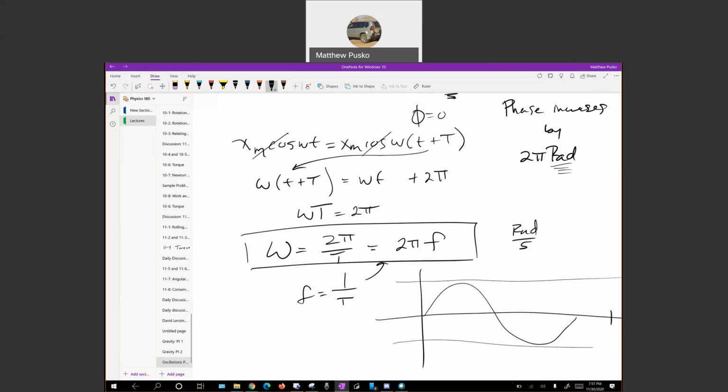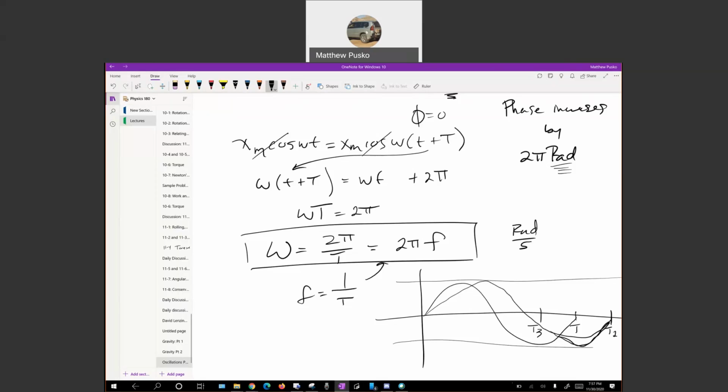If I extended our period out to something like this, the frequency went down and the period went up. If I reduce the period to some T3, the frequency actually becomes larger.